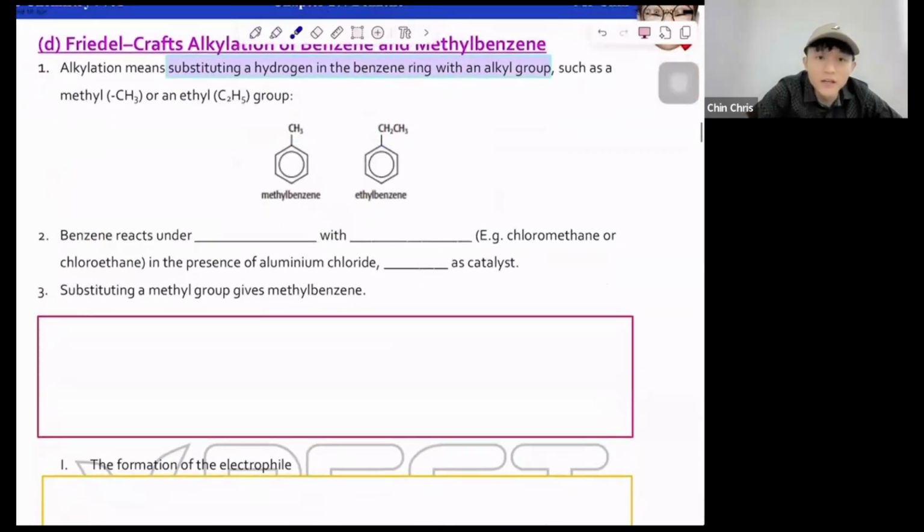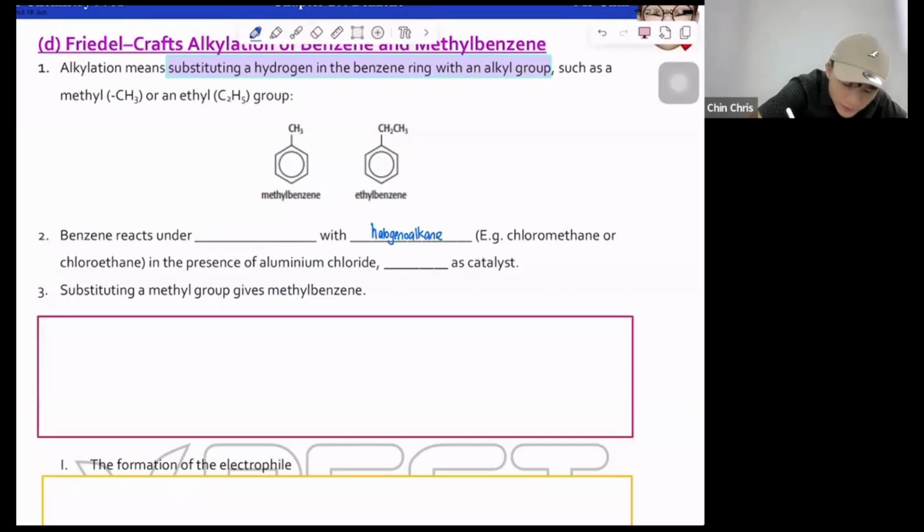Again, guys, what you need to do is treat it with an acyl chloride, reacting under room temperature. Wait, no, this is not. With a halogenoalkane, my bad. Sorry guys, can you change this?